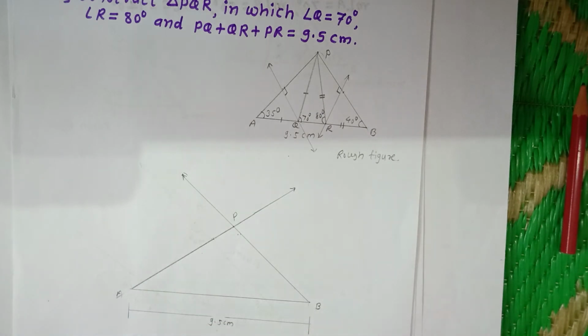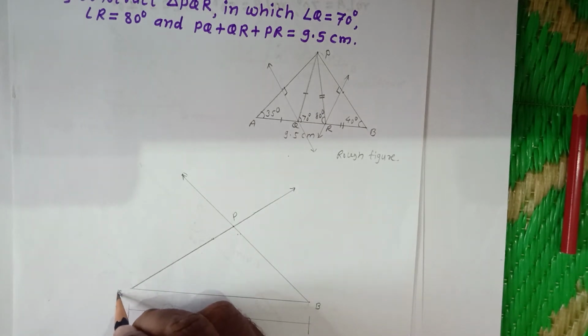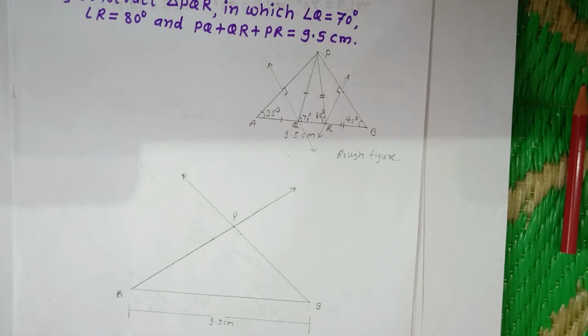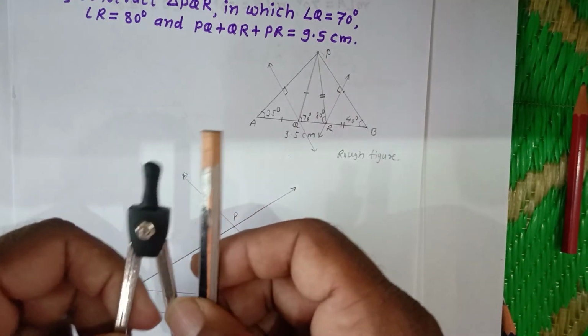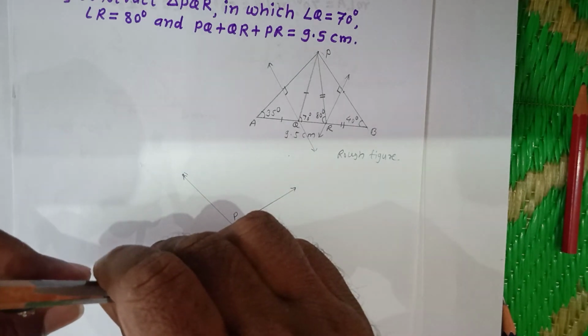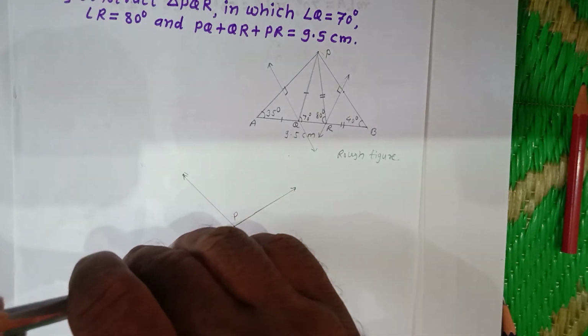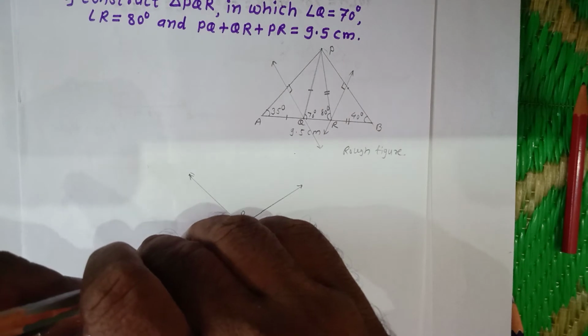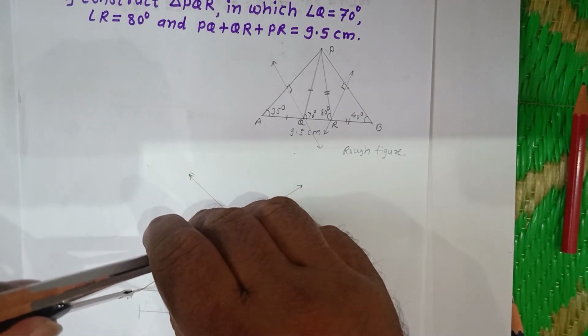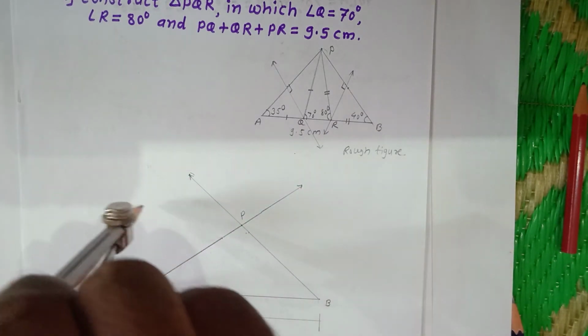Now draw the perpendicular bisector of AP. So put compass at point A. Take more than half of distance of AP in a compass.